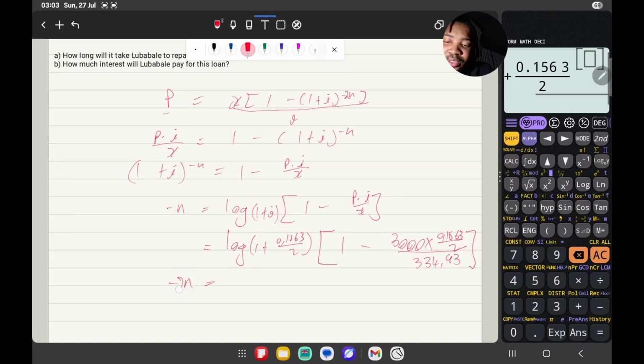If we knew what n was, we would have multiplied it by 2. So yeah, for this one we have 2 here. So divided by 2, that is done.